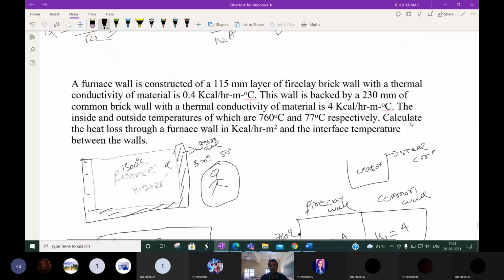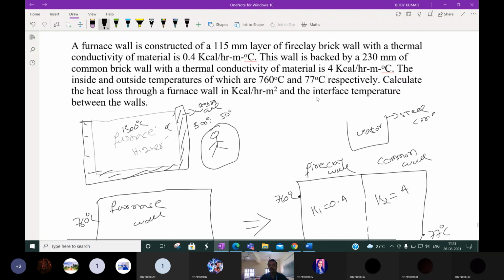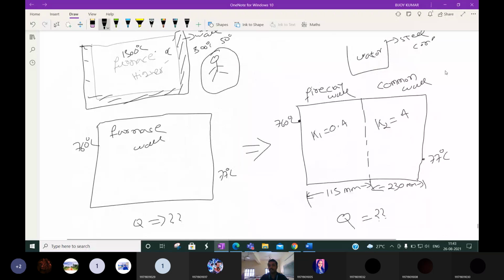In this, you have to calculate the heat loss through the furnace wall. Heat loss means what? What is the value of Q? What is the heat loss through the furnace wall? You have to find out. Then the interface temperature between the walls. This is the wall, this is the wall.